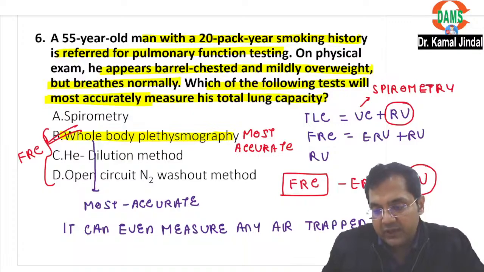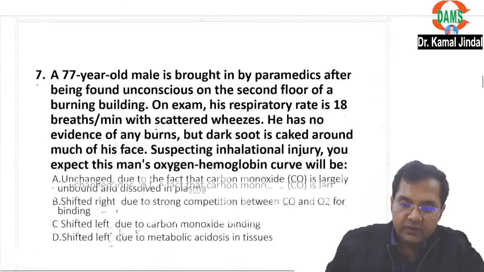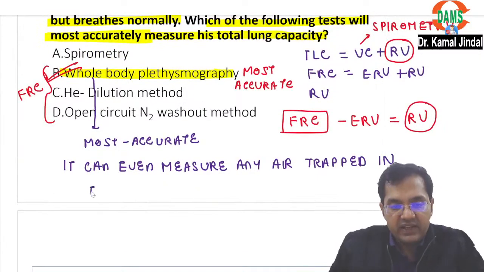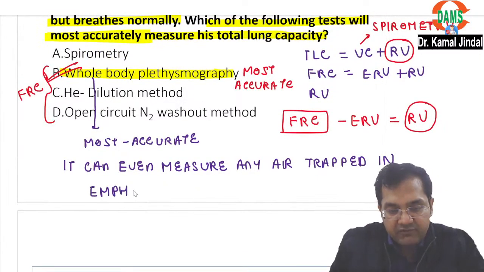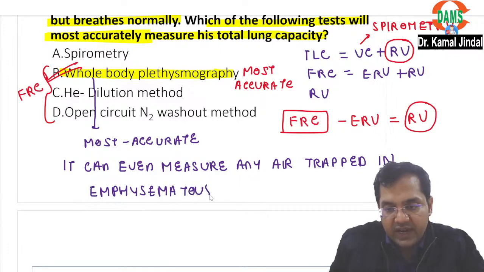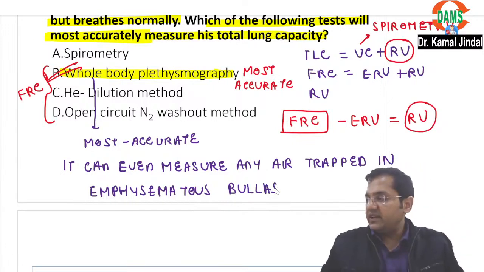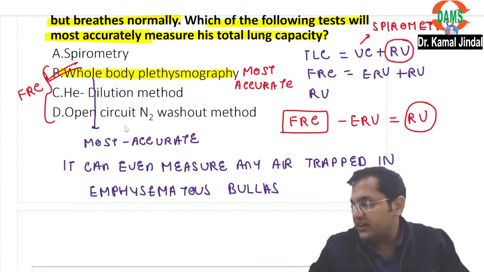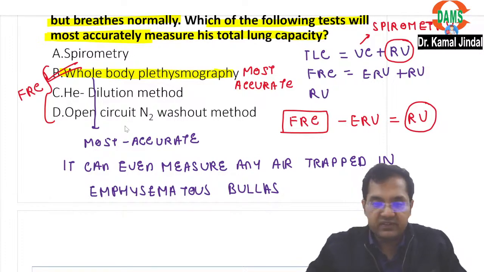So because it can measure any air trapped in emphysematous bullas, it is considered the most accurate method, right? Although there are even other methods for estimation of FRC, right?